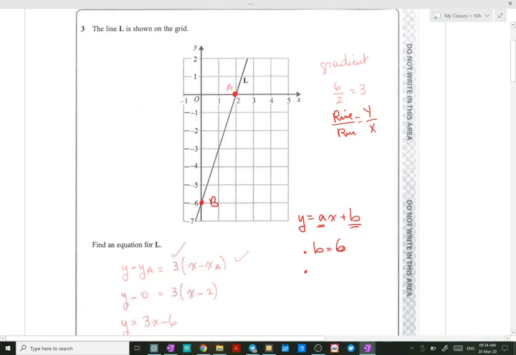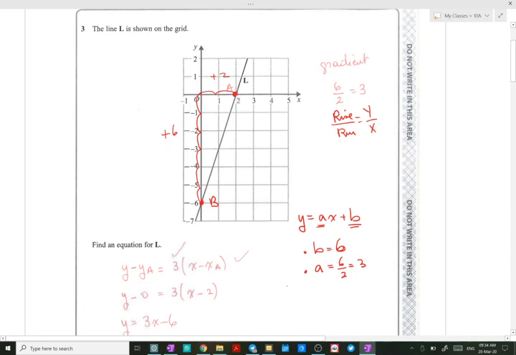So I'm going from B to A, so I rise 1, 2, 3, 4, 5, 6, and then it's plus 6, and then I run 1, 2, so it's plus 2. So the gradient, or a, is equal to 6 over 2, and you simplify it, you get 3.